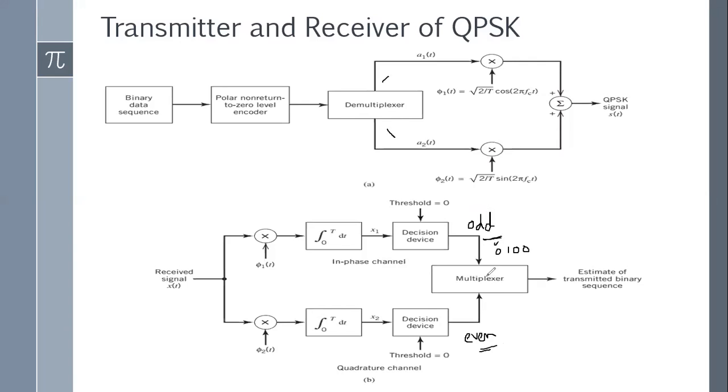It will arrange the odd and even bits in this manner, and then you can get the actual binary data that was transmitted. I hope you have understood. If not, I will go back to the diagram.